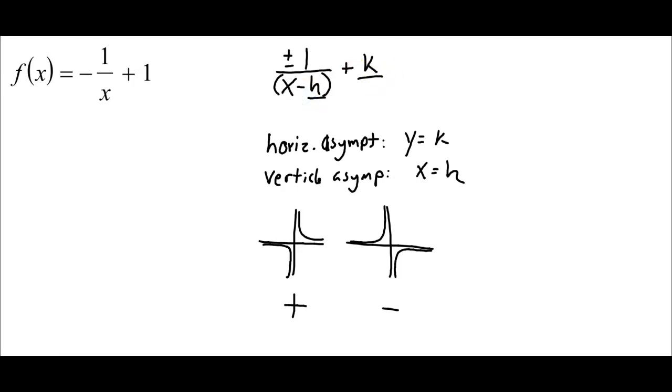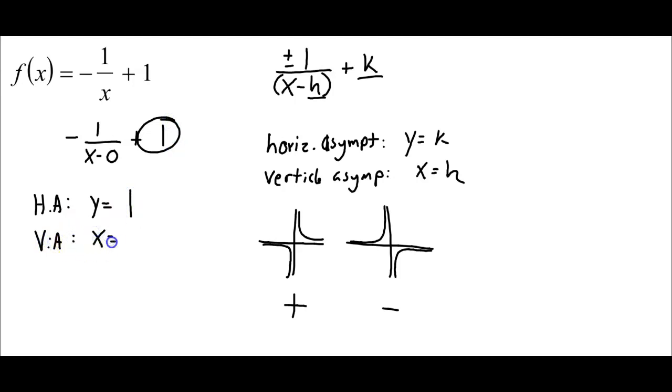So knowing all that, let's get started. In this case, I'm missing the h, which means that it's 0. So my horizontal asymptote is going to be y equals that number. My vertical asymptote is going to be x equals that number. So I'm going to graph both of those lines.